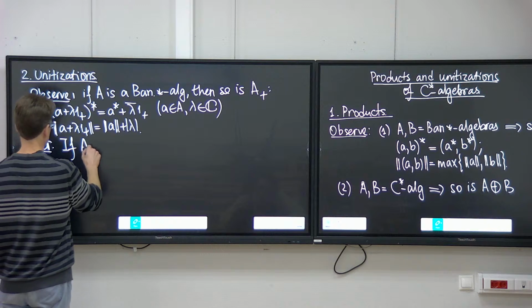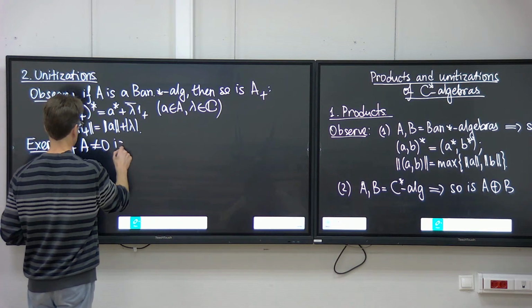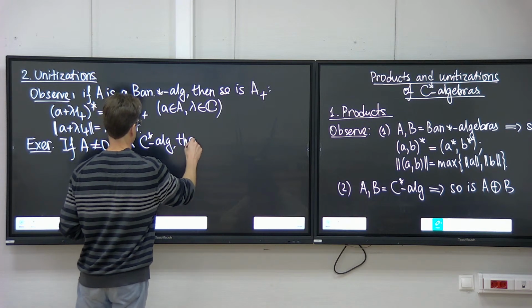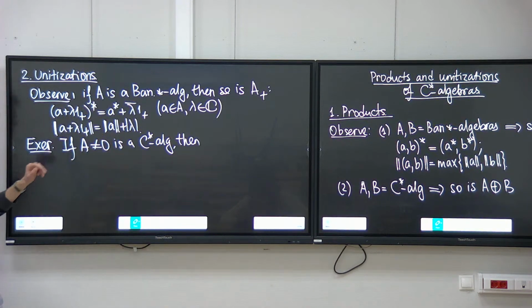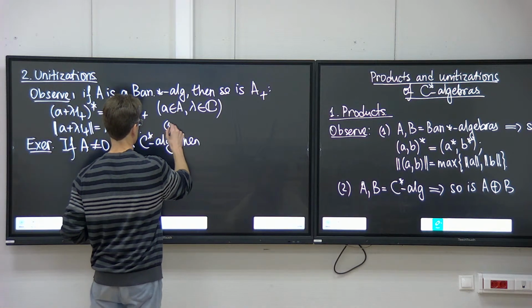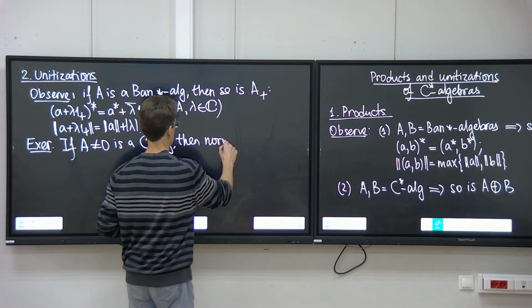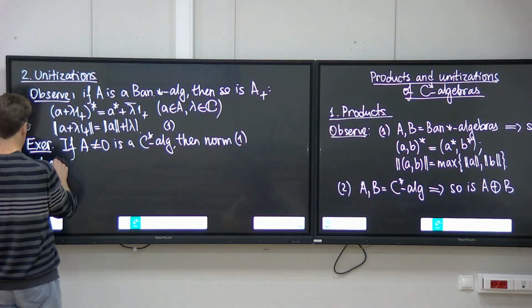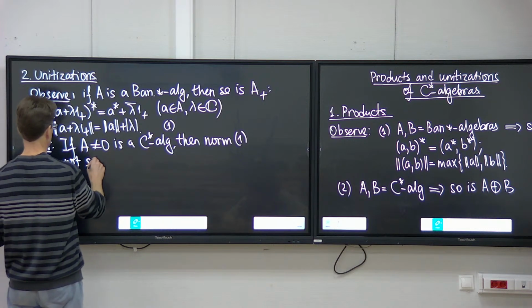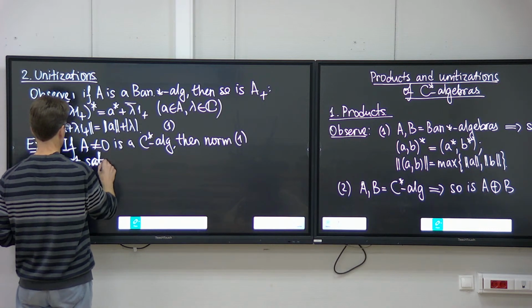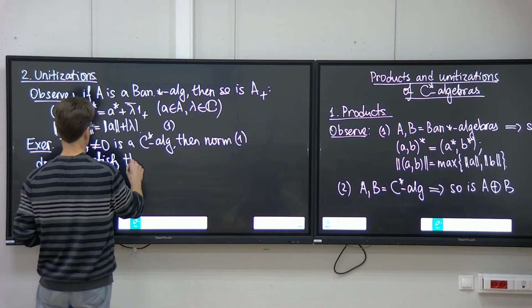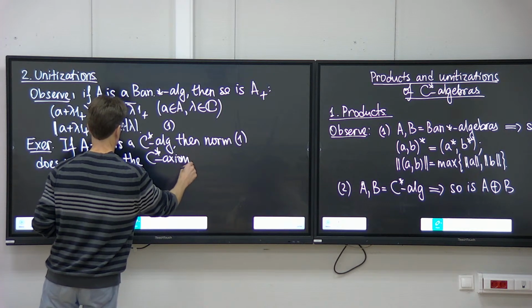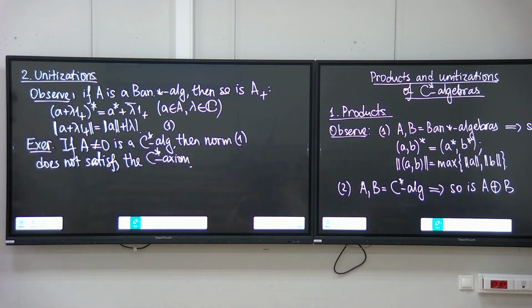If A is a non-zero C-star algebra, then this norm, let's denote it by norm 1, doesn't satisfy the C-star axiom. So it is not a C-star algebra.